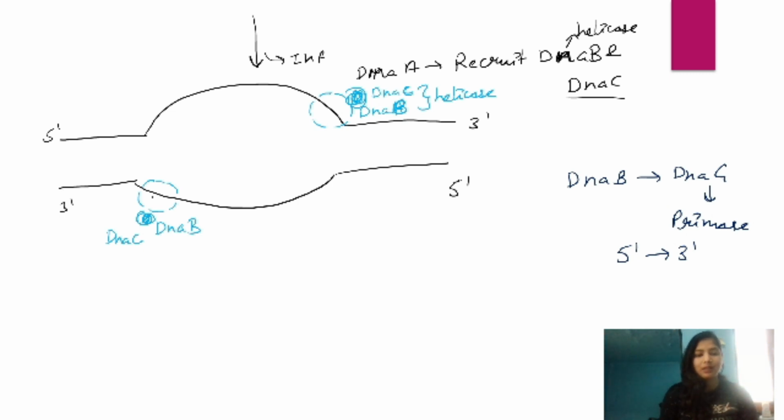Now DNA B will recruit this primer which is in 5' to 3' direction. Now as we all know, one more thing, there is a protein which is known as SSB protein.